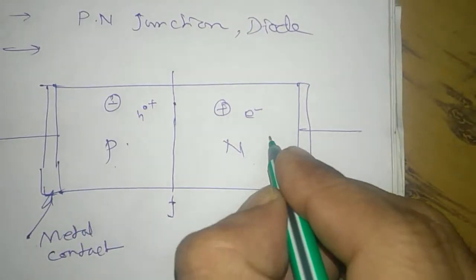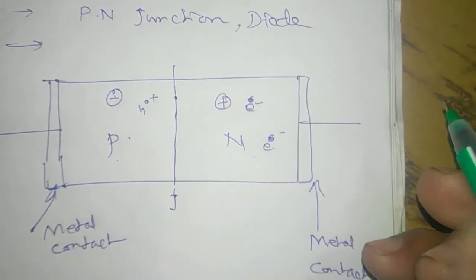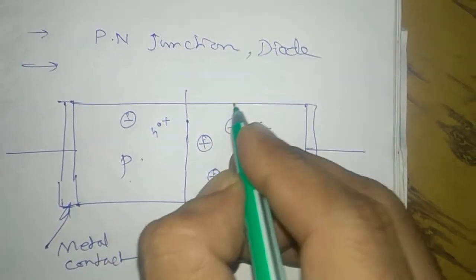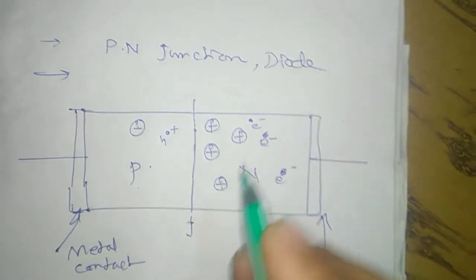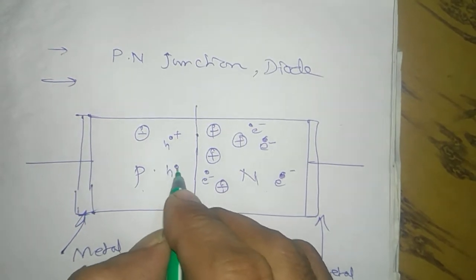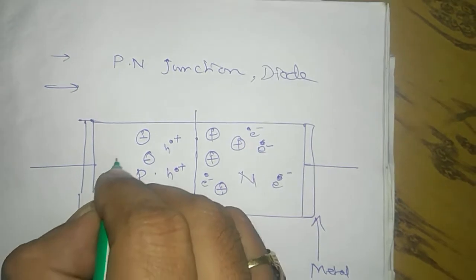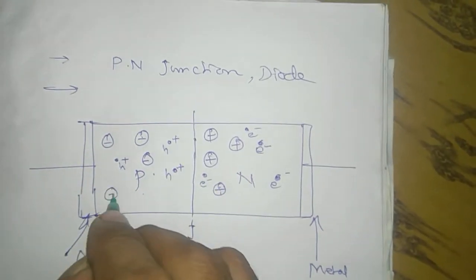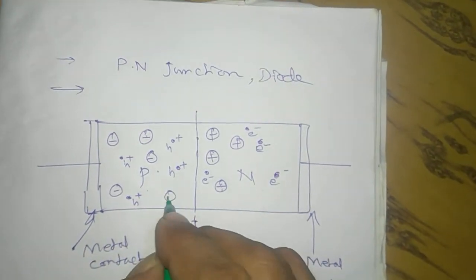There are lots of electrons and lots of positive ions here, and similarly here so many holes and negative ions.